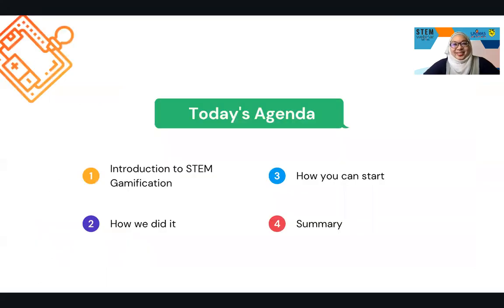Shall we begin? This is the agenda for today. Now that I know that we are all ready, I would like to briefly explain the agenda for my 20-minute slot this morning. I will be talking about how we can gamify STEM subjects, and I will show you how we do it in the Creative Culture Project, and how you can do it yourself.